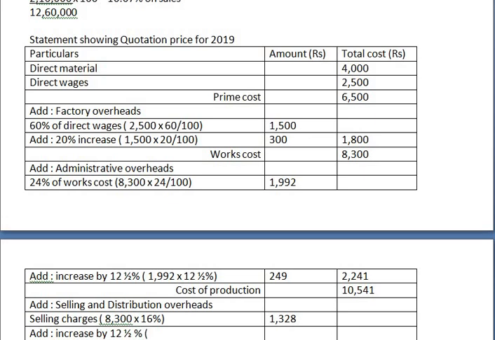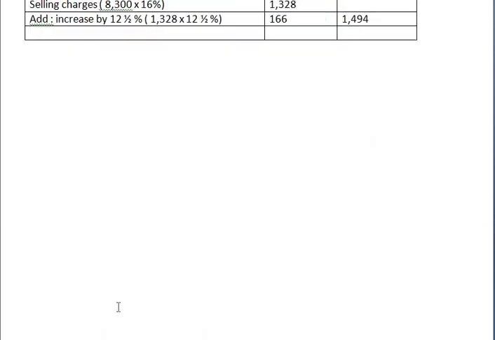Okay, so in bracket you can show the calculation, 1,328 into 12.5%. Okay, so calculate this. You will get 166. Make a total and take it to the outer column. 1,494.